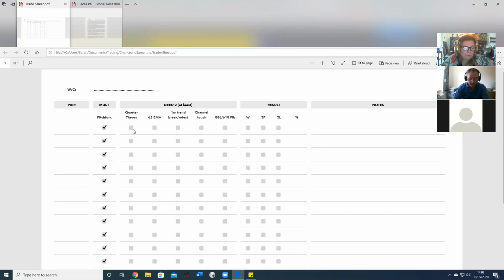Quarter theory is at crossing quarter theory, which is the orange dotted line. The 62 EMA, which is the thick orange line, that is the 1 minute trend line, which is measuring 62 candles across. So it's measuring a different number of 62 candles depending on the time frame it's on.